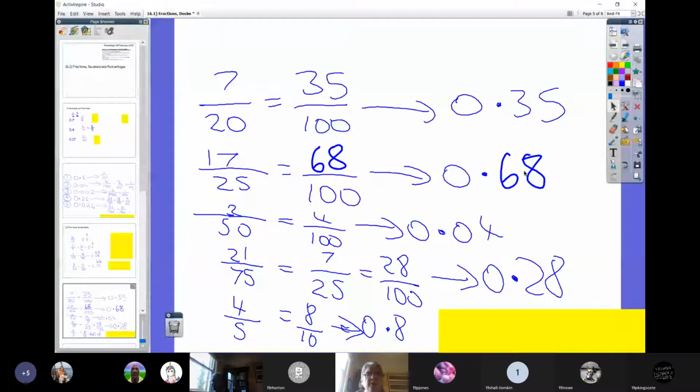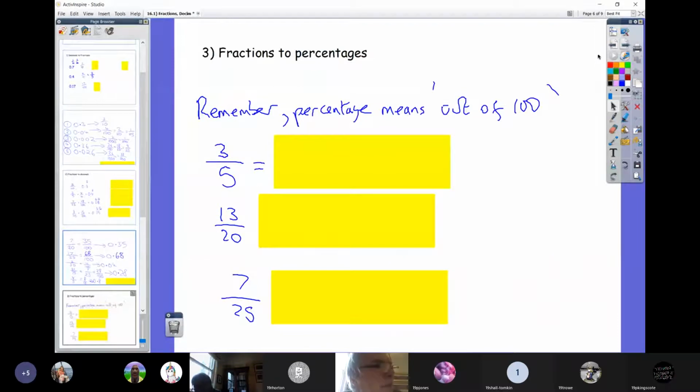So fractions to percentages is the next thing we're going to look at. Remember, percent, in French, means out of 100. So we've just got to turn these into fractions over 100, and then the numerator, the number on top, is the percentage. So 3 over 5, which is 6 over 10, 60 over 100, 60%.